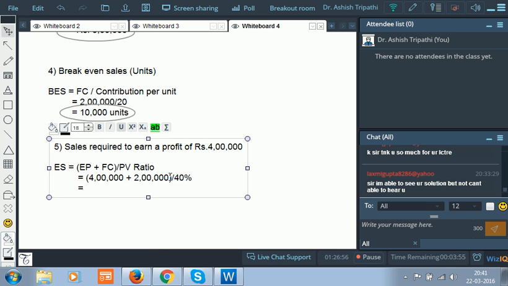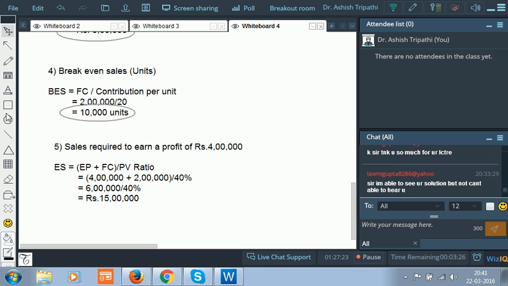That is equal to 6 lakhs divided by 40%. That is equal to 15 lakhs. So again we got expected sales as 15 lakh if the profit is 4 lakhs.